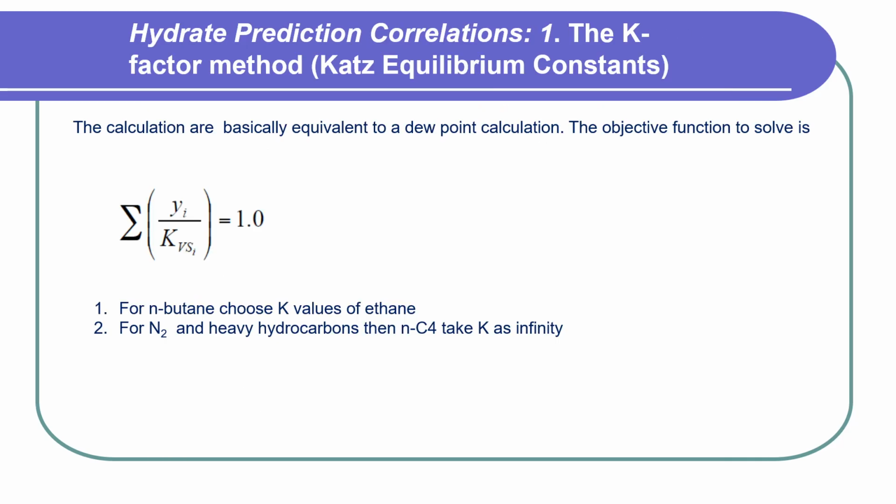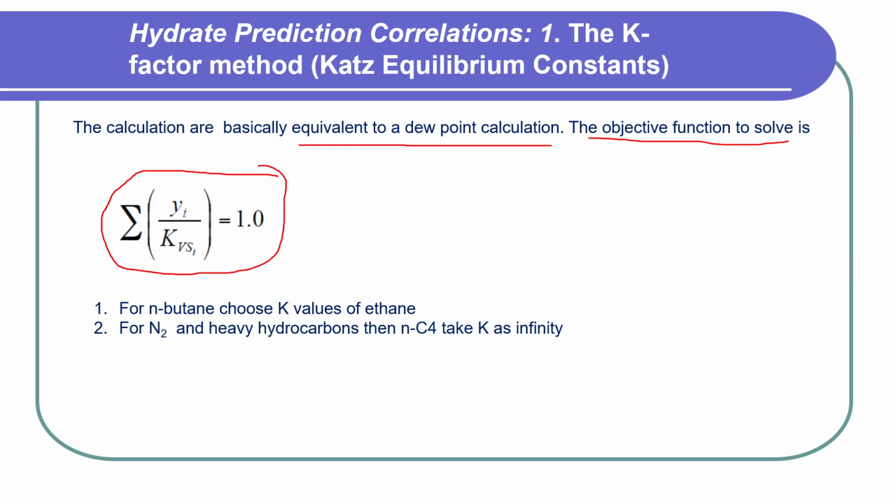So for the Katz equilibrium constant or the K factor method, you're gonna apply the same method that you have dealt with before, for the dew point calculation, where you're gonna have an objective function, which is the summation of yi divided by K, where yi, as we explained earlier, is the mole fraction of the hydrocarbon in the gaseous phase excluding the water, and K is the equilibrium constant.